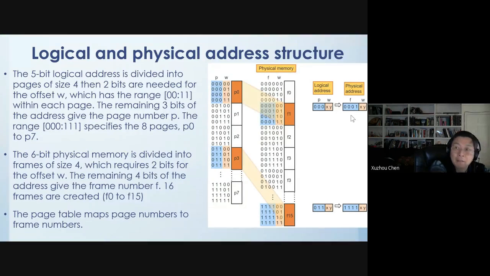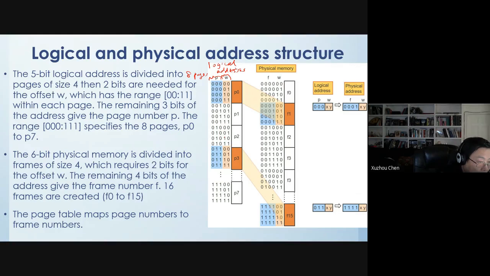Now with this, we can use the scheme in our memory management. So let's say the logic address is here. It's 5 bits, and I use a total of 8 pages. So I use 3 bits to represent the page number, right? And 2 bits for the offset.